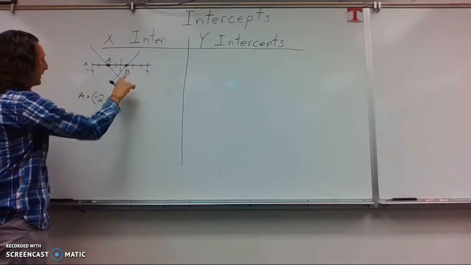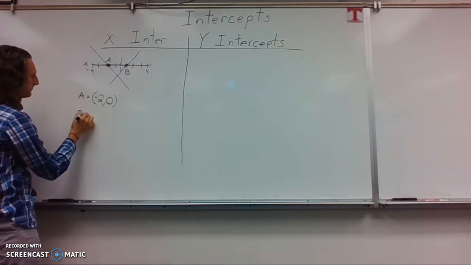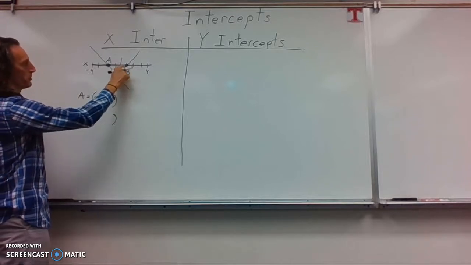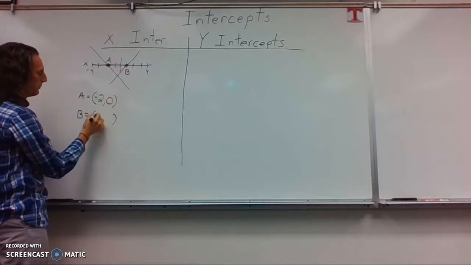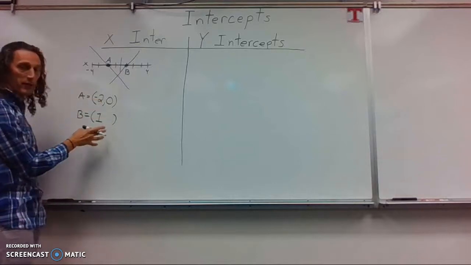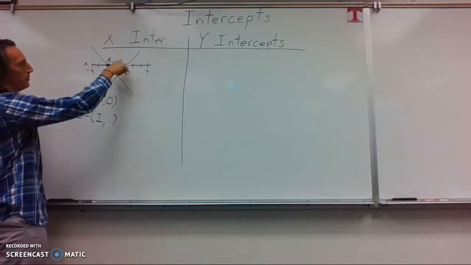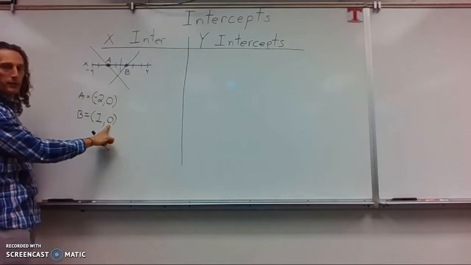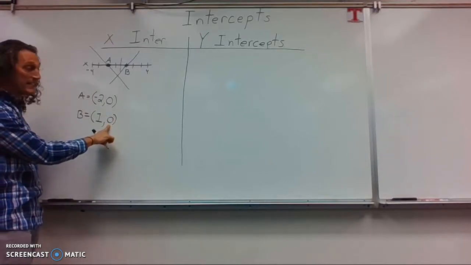Right? B, again, we start at the origin. We just go over 1. So I put 1 because that's my x term. It's my ordered pair. But again, I don't go up or down. So my y term, or my y coordinate, is 0.